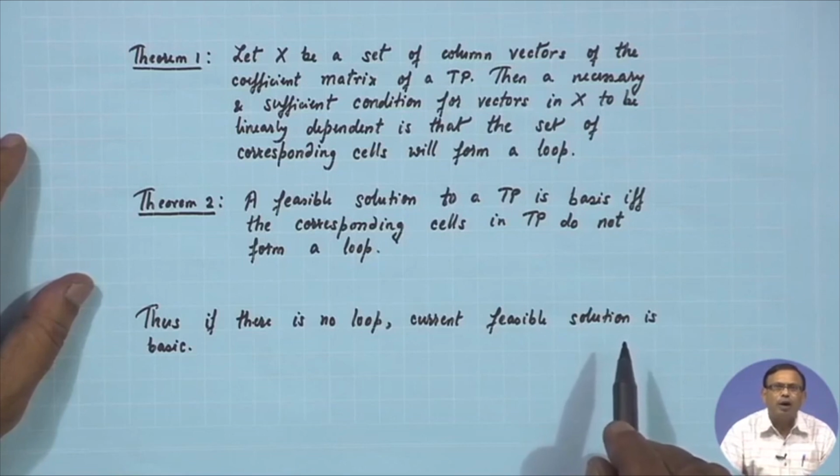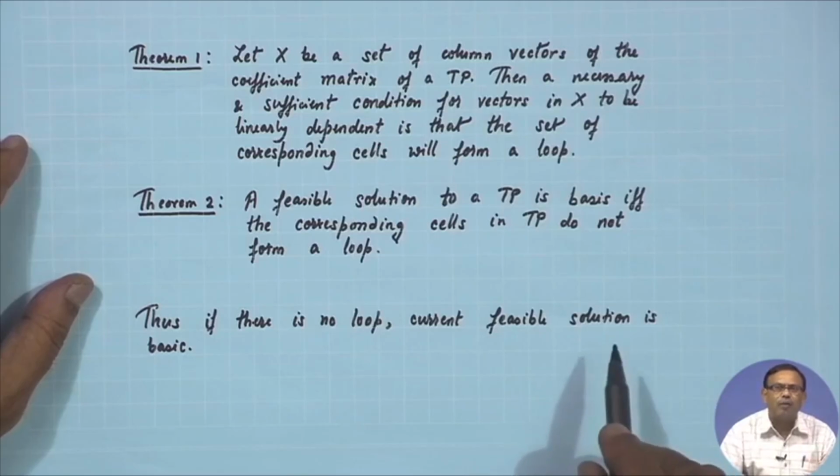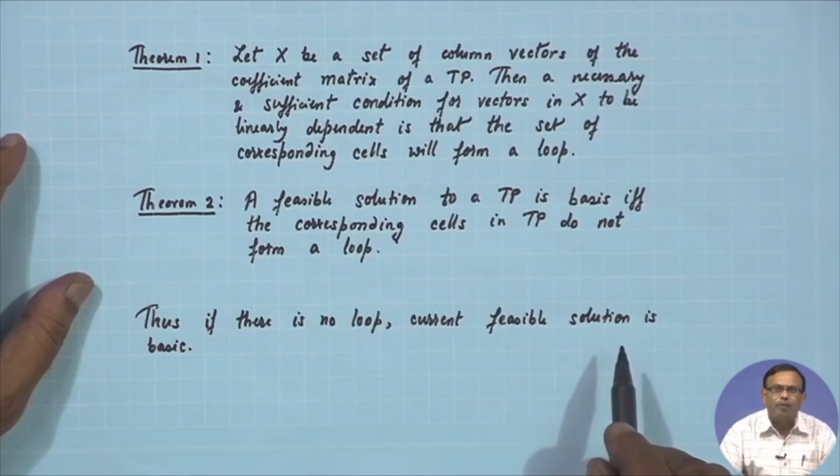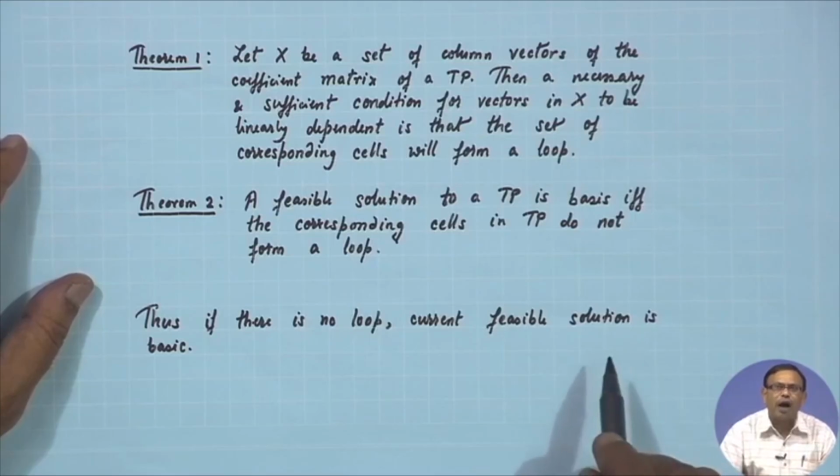And we know whenever the vectors are linearly dependent, they cannot form an optimal solution, because only a linearly independent set will form the optimal solution. Therefore, if there is a loop, it ensures that some of your solution vectors are linearly dependent.